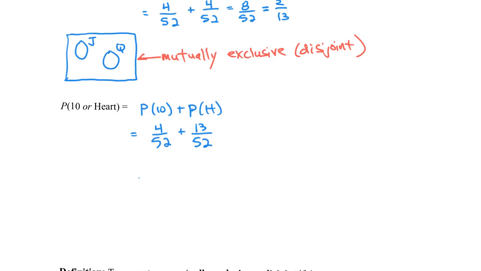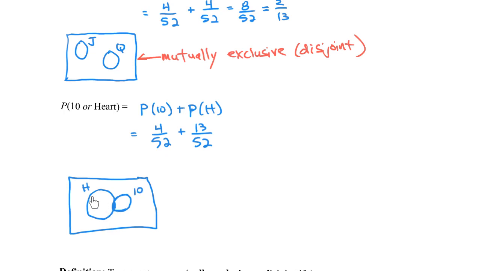So here's what we've got in this case. We've got our Venn diagram, and we've got hearts here. There's 13 of these. And then 10s. That's a very bad circle, but the fact is there's an overlap here, right? This 10 of hearts belongs to both of these.